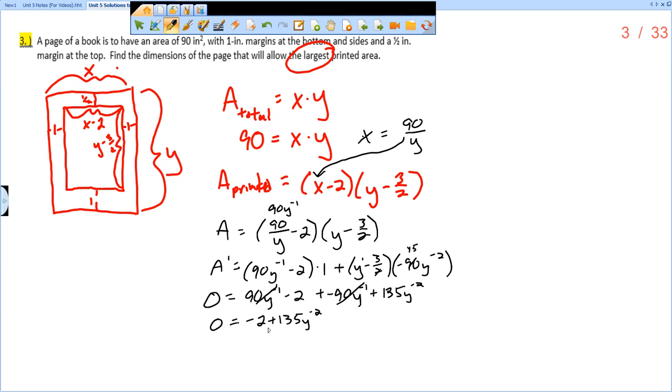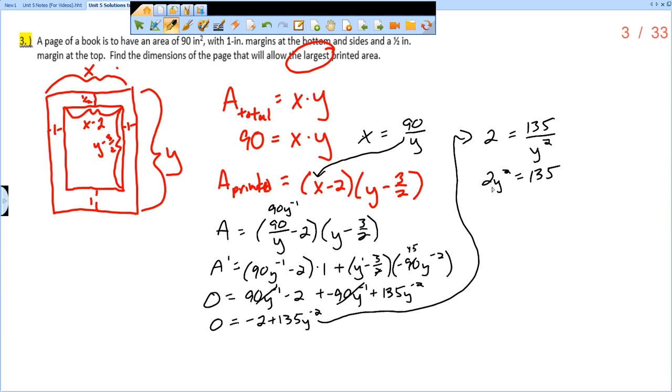So now I want to solve. I'm going to add 2, and so I get 135 over y squared. So I'm going to multiply by y squared, so 2y squared equals 135. So divide by 2, y squared equals 135 divided by 2. I'm going to write it here, and then I'm going to square root.